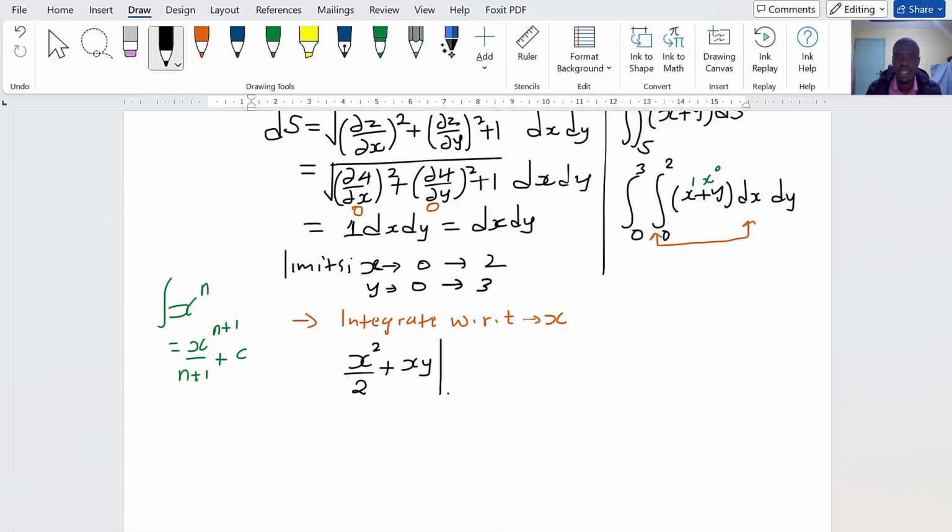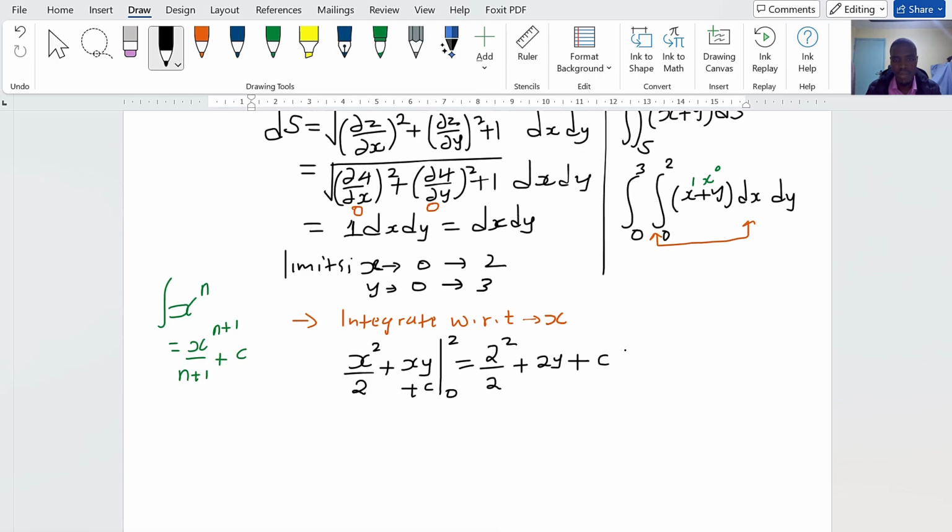Then we are substituting from 0 to 2. Remember, when we do, c will cancel, so we don't need to put c there. So when you substitute this, when you substitute the upper bound, you are going to have 2 squared over 2 plus you substitute 2y, plus c, because we have plus c here.